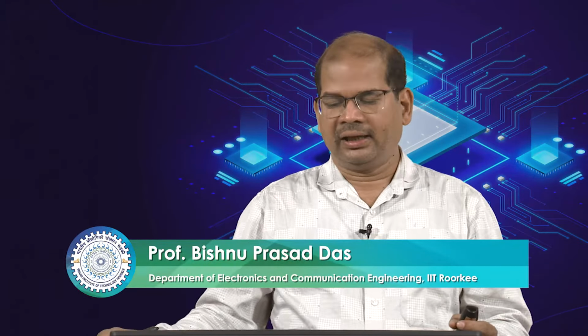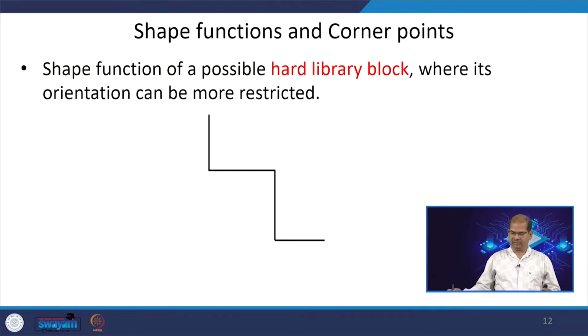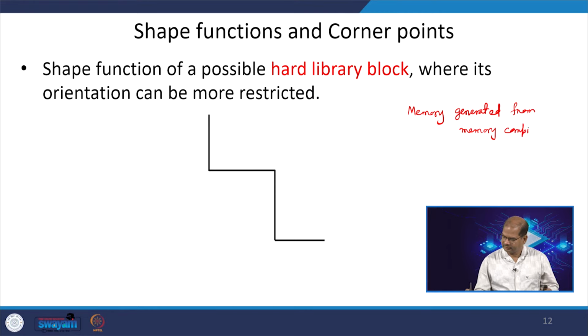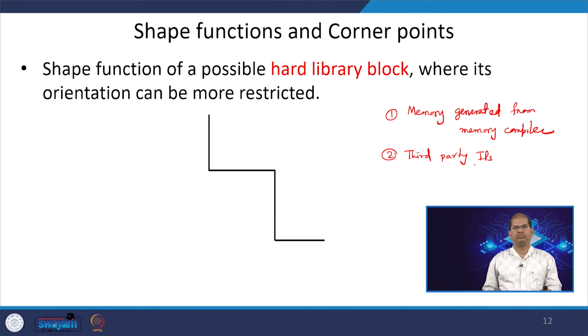And there are also some hard IPs, like a memory block from a memory compiler, or a third party IP. Those blocks have only two orientations.